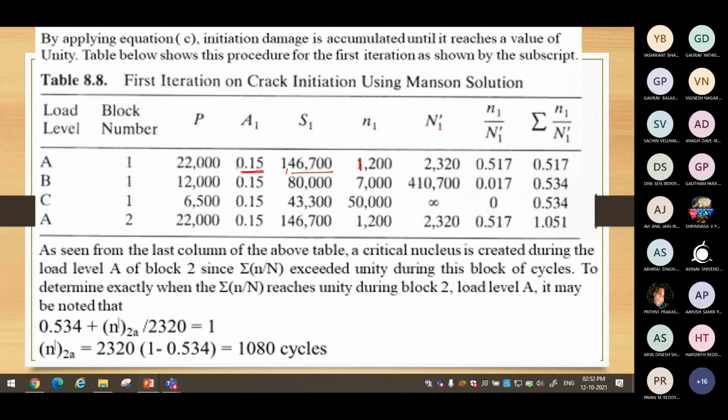We know that the initiation life is 2,320. When I operate at 146,700 psi, the total life I get for crack initiation is 2,320. How many cycles I am applying this load is only 1,200, not 3,600.